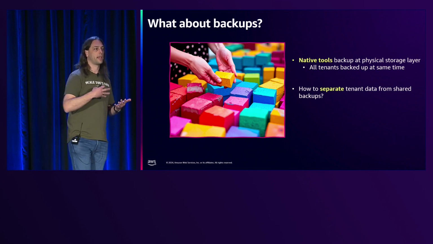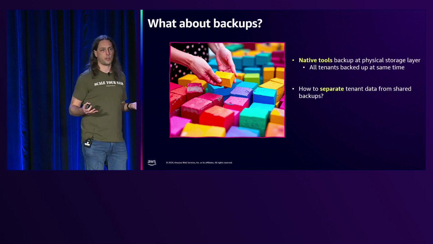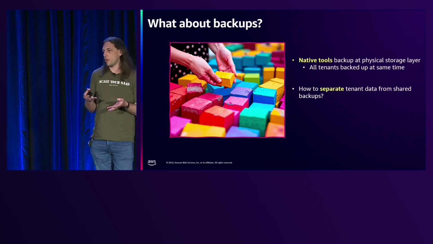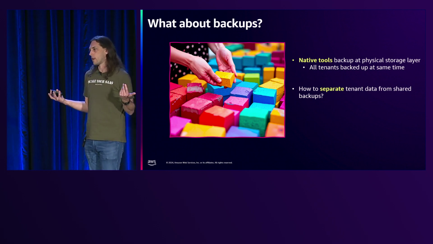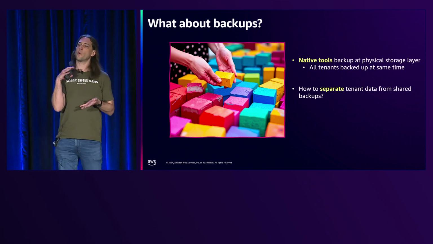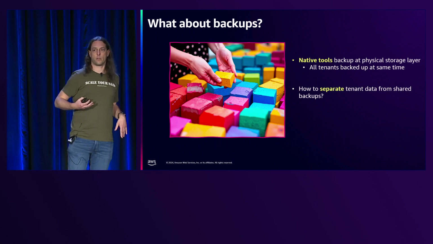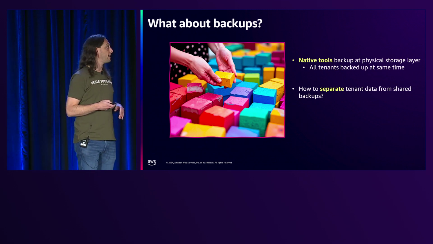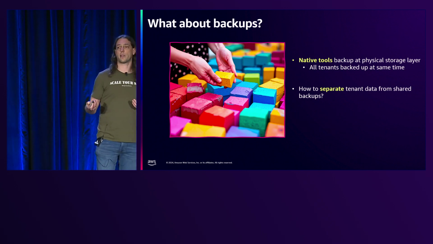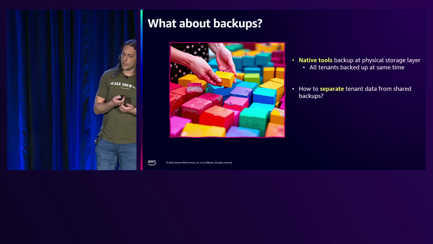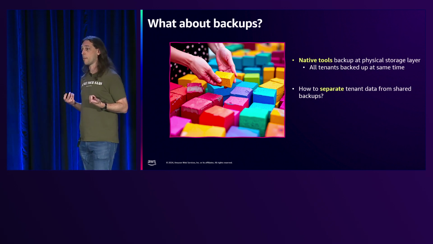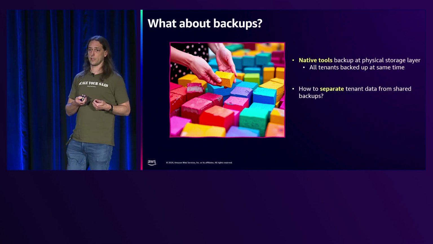So if we're doing a schema per tenant or database per tenant within a bridge model, okay, that may work with things like pg_dump, but what happens if we have a shared table? Well, we can't just tell them, hey, extract that based on tenant ID, it's not going to work, so we may have to create a solution ourselves. And this is going to bring complexity into our backup and restore processes.